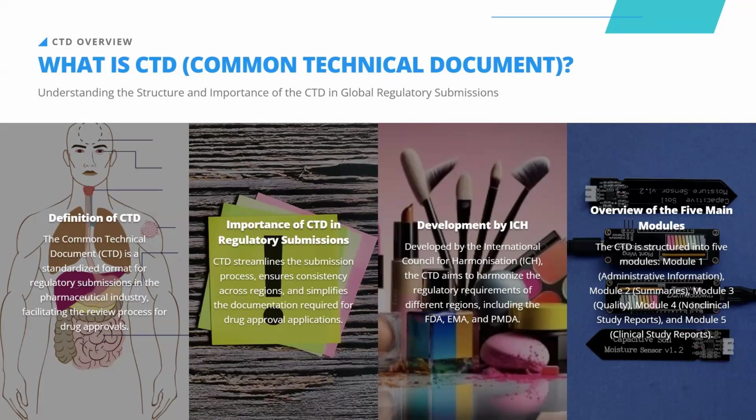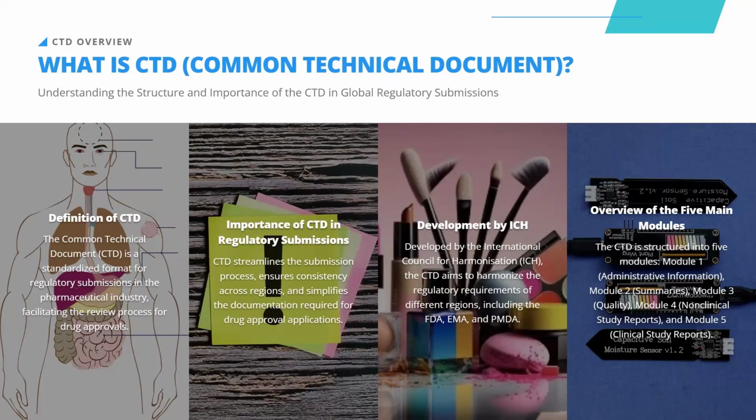I'll repeat again the importance of CTD. Before CTD came into practice, pharmaceutical companies had to prepare a lot of different formats for each country and region, which was time consuming, costly, and error prone. Therefore, the CTD format helped solve this problem by providing a common harmonized structure for submission across ICH regions.